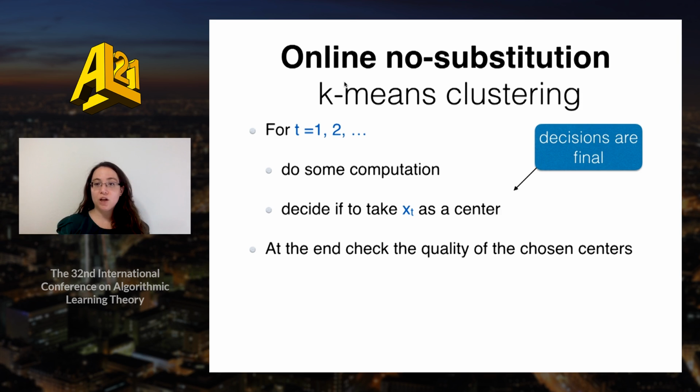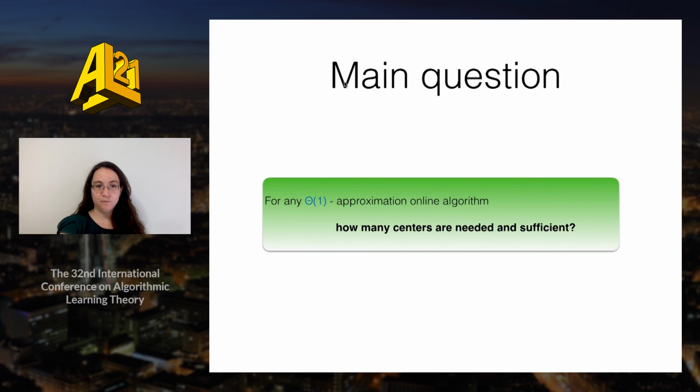At the end, we check whether the people that got the drug are a good representative of the entire population, and in this setting, we check the Kmeans quality. And we want the number of people that get the drug to be small. And in this setting, we want a small number of points to be chosen as centers. So this is the online no-substitution Kmeans clustering problem.